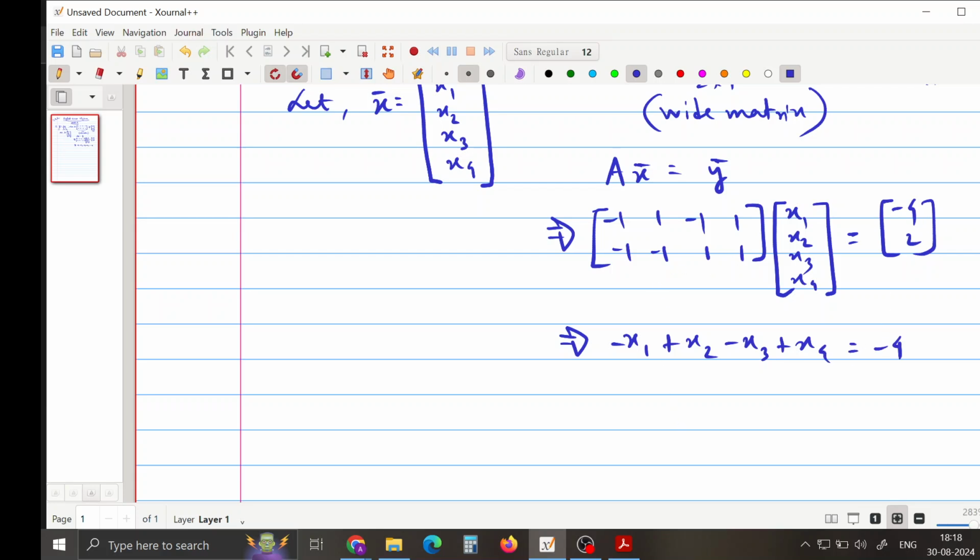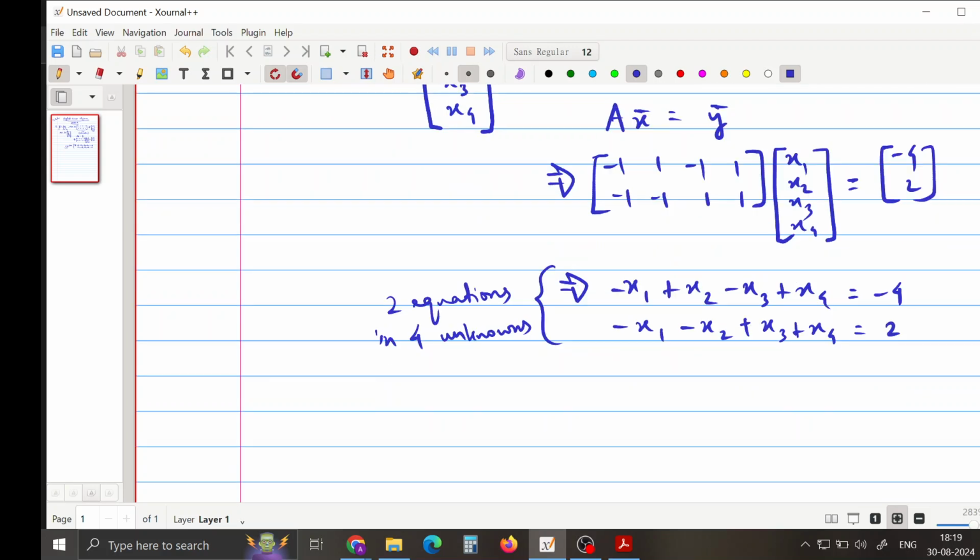And similarly, if I compute the second row, that will be minus x1 minus x2 plus x3 plus x4, and that's equal to 2, correct? So what do I have? I have two equations in 4 unknowns. x1, x2, x3, x4 are my unknowns.